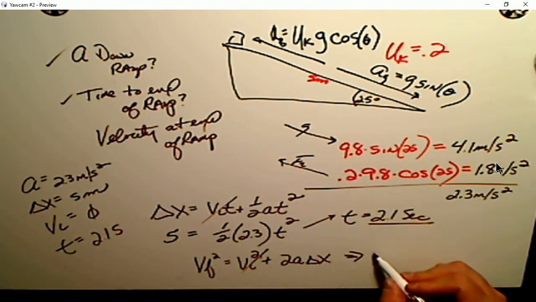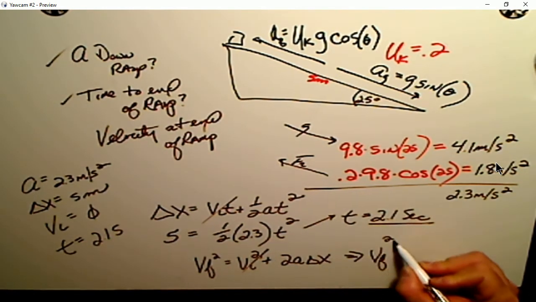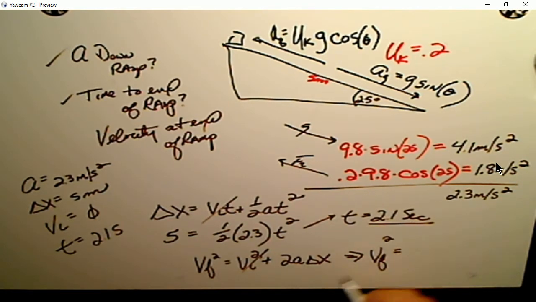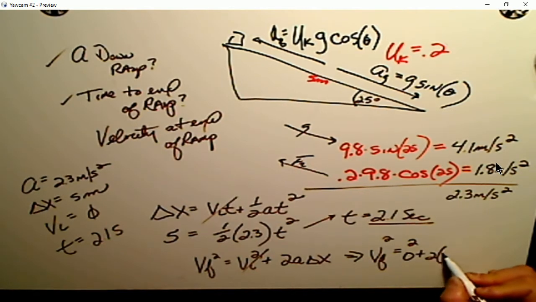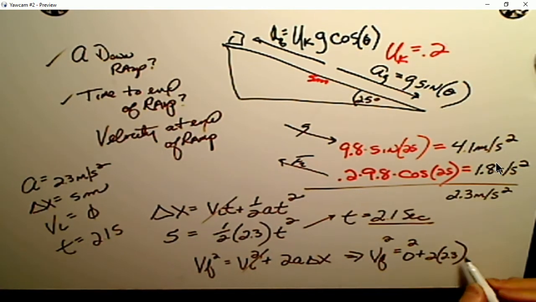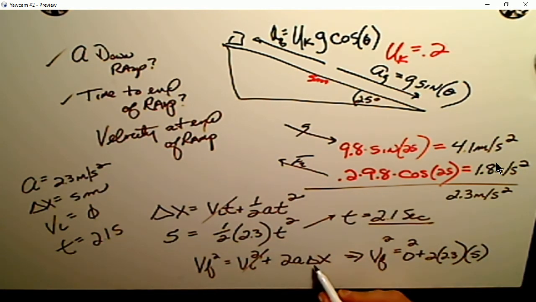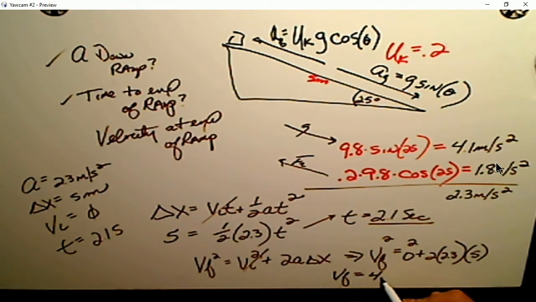This leads to velocity final squared equals 0 squared plus 2 times 2.3 times 5. 5 meters is the length. 2.3 is the acceleration. Solve for velocity final. The answer for that, 4.8 meters per second.